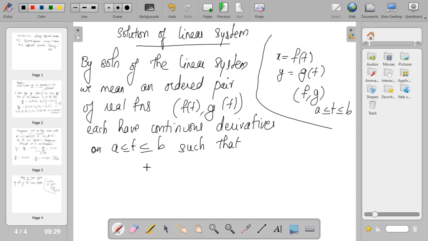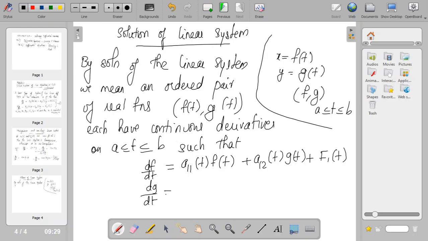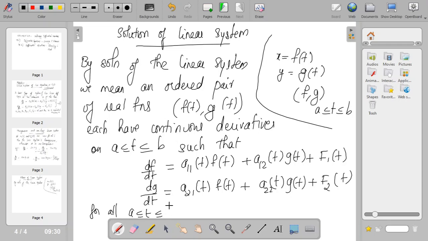So we must have df by dt equal to a11 of t f of t plus a12 of t g of t plus f1 of t, and dg by dt equal to a21 of t f of t plus a22 of t g of t plus f2 of t, for all a less than or equal to t less than or equal to b.